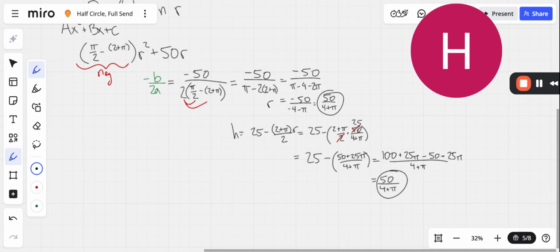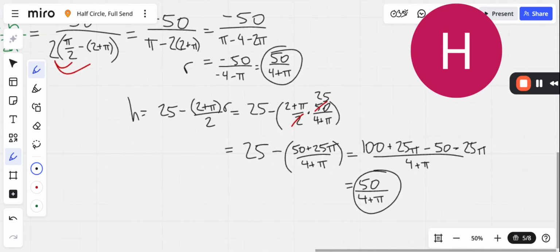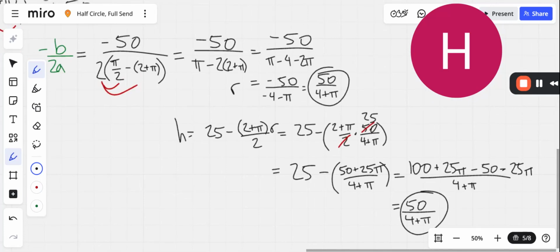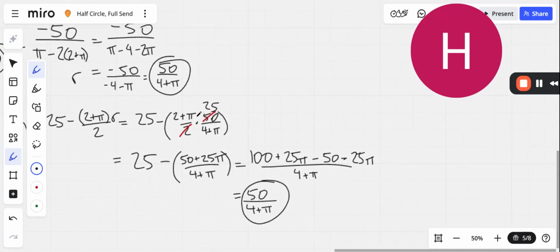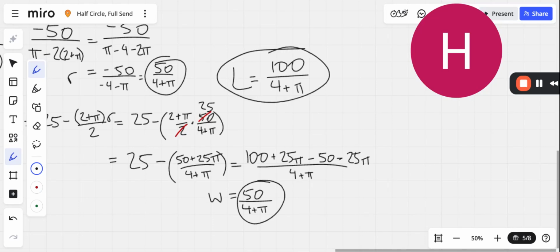And it's possible that this result is due to the fact that we have a circle attached to it. Usually when you have a fixed perimeter, the ideal is a square. But in this case, it looks like we get a rectangle where remember the length of the rectangle, we still need to finish that. The length of the rectangle is technically double of that. So it's 100 over 4 plus pi. And the width is 50 over 4 plus pi.